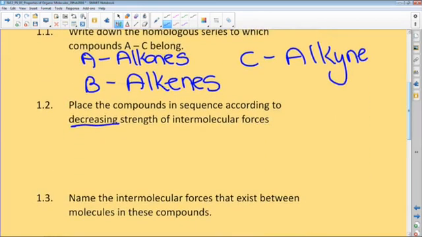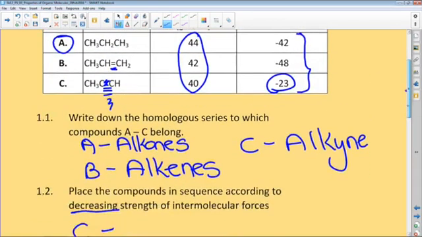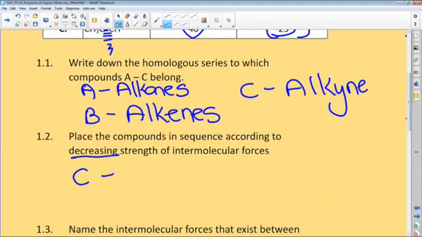So it goes C, then we go back to our table, minus 42, which is A, and then minus 48, which is B. So we've spelled CAB.